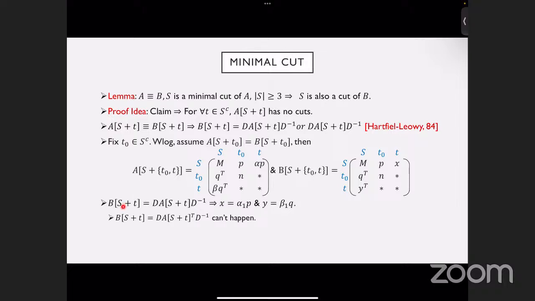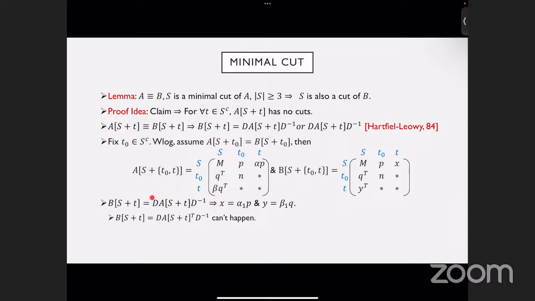Since, from this claim, this principal submatrix of A corresponding to S plus T does not have any cut and it is irreducible, the principal submatrix of B corresponding to the set S plus T must be diagonally equal to the principal submatrix of A corresponding to the set S plus T, or its transpose.